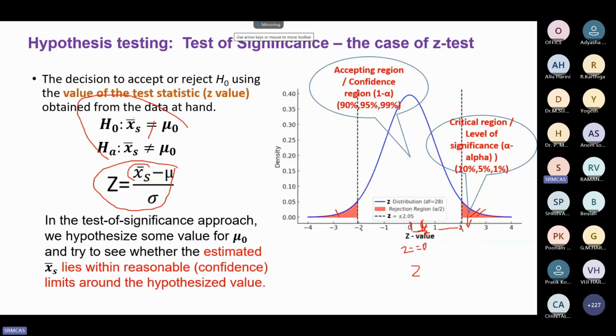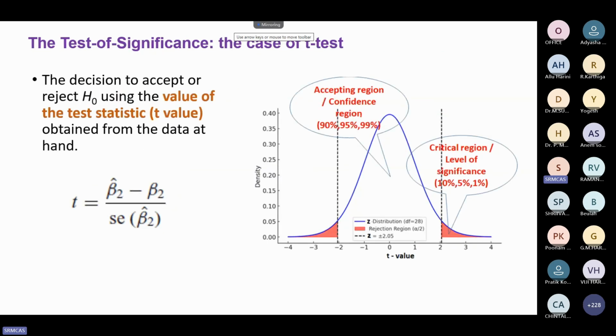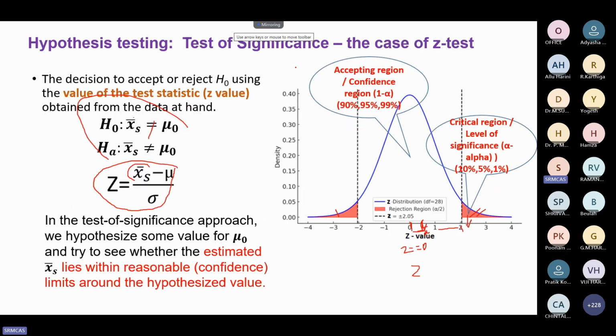Okay, the same concepts are applicable for the z test. The only difference is that the z test assumes we know the standard deviation of the population parameter.